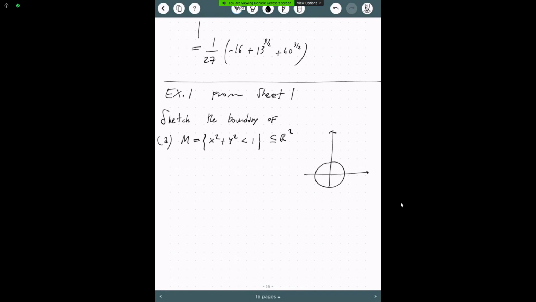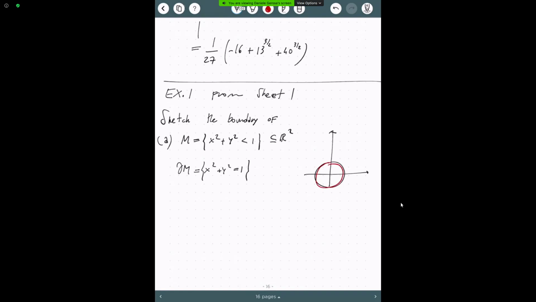So you have this, and then the boundary of this object, usually denoted by partial M, is going to be the set of the points where we have equality, right? The boundary does not need to belong to the set itself. In this case, it doesn't. So the boundary is actually the circle.